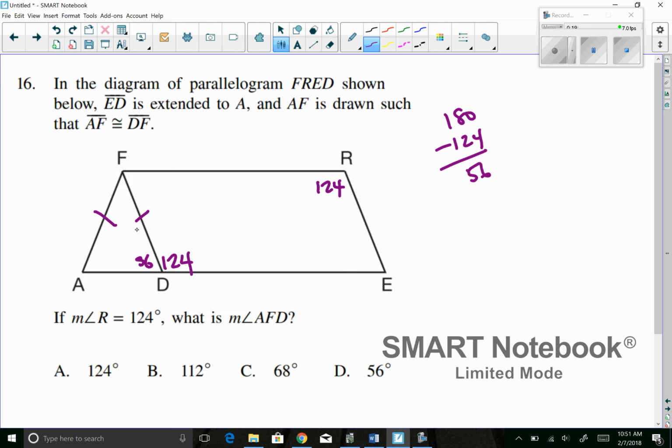So I know that little angle is 56, and because of the isosceles, I have 56 there as well. And since it wants angle AFD, AFD is this angle up here, I know that in all triangles, if you subtract 180 minus the two angles, so we're subtracting 112, that's leaving us with 68.